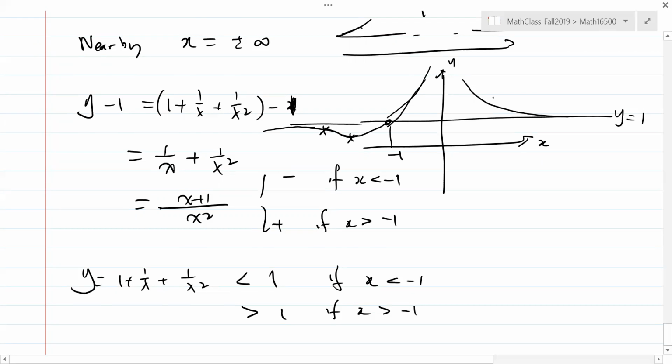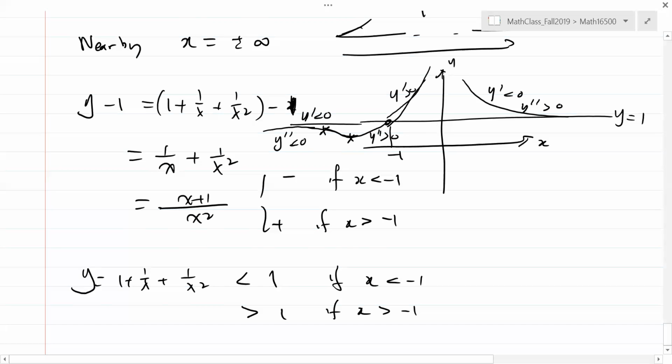Here y prime is negative, then positive, and then negative. Also y double prime is negative, then positive, and then positive. I can tell the sign of the function at the very beginning.